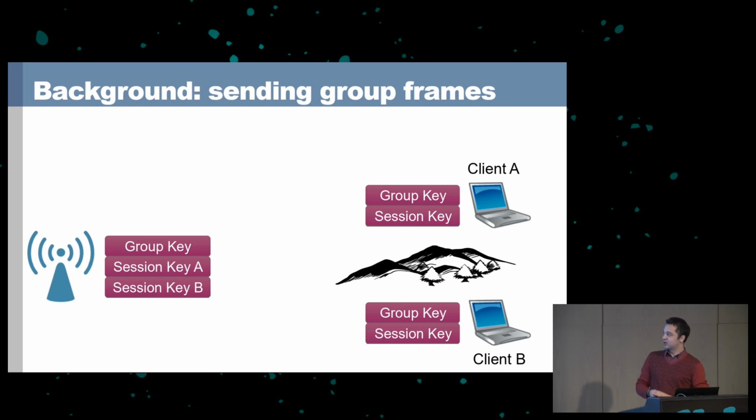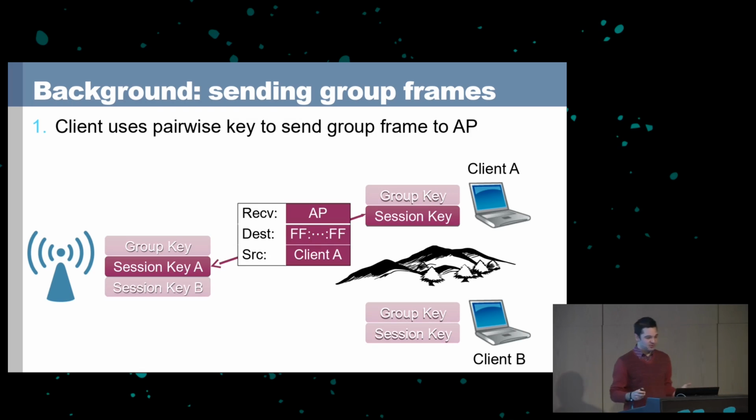So that's the hidden terminal problem. If client A would broadcast a message, client B would not receive it. So this was, of course, anticipated by the designers of the Wi-Fi protocol. So instead, if this client wants to send a broadcast frame, it first sends it to the access point.